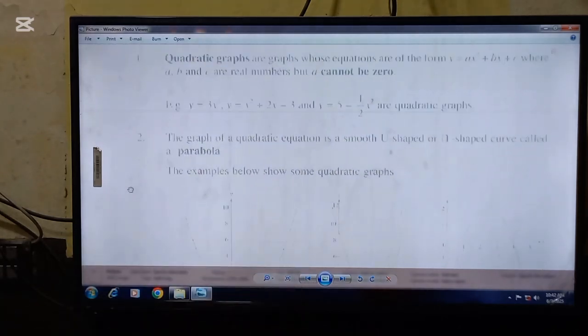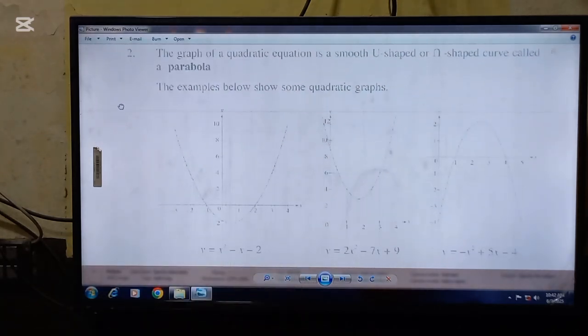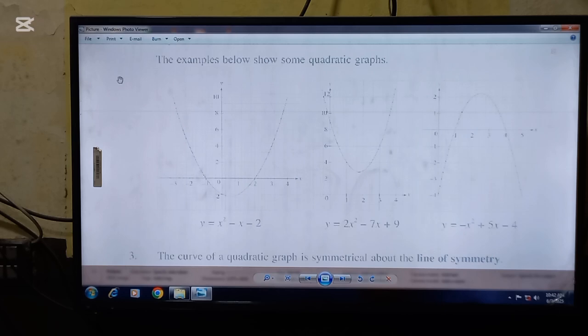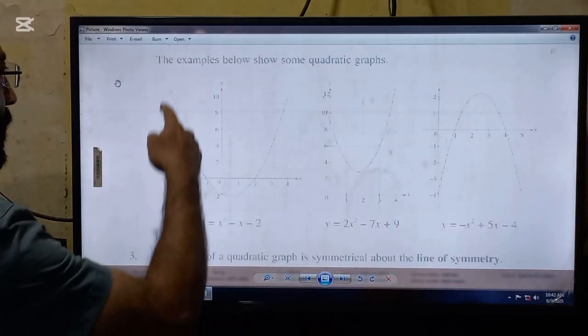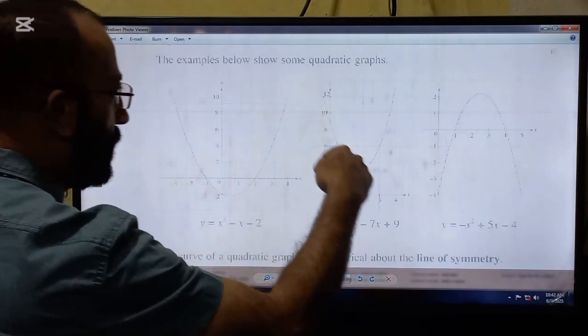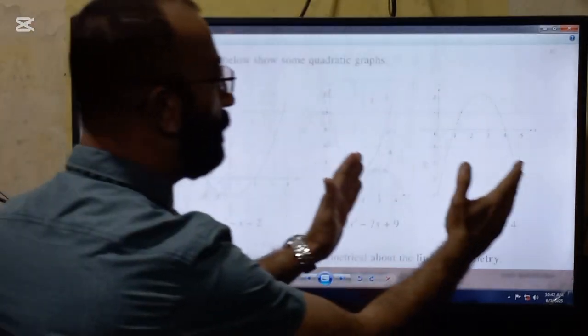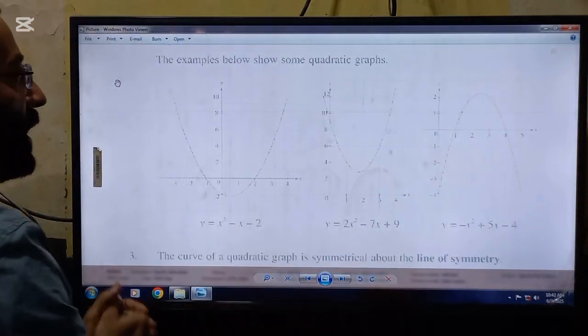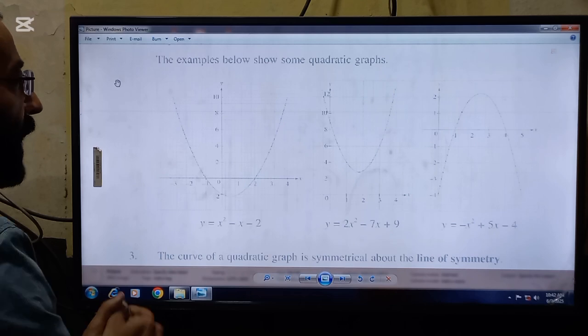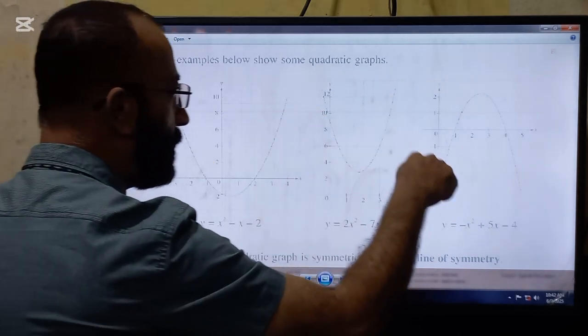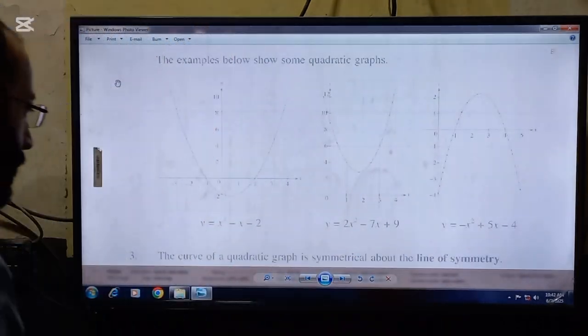Next point is the example below shows some quadratic graphs. So this is one example, this is second, this is the third. These shapes are called parabolas.